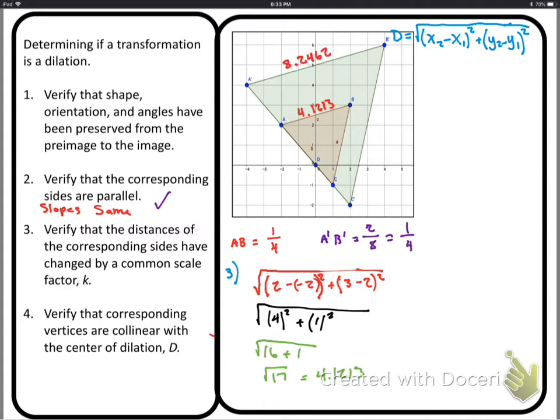I only know these numbers because I have already worked these out. B to C is 4.1213 as well. B prime to C prime is 8.2462.